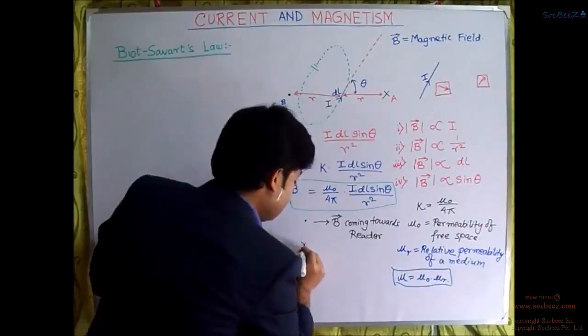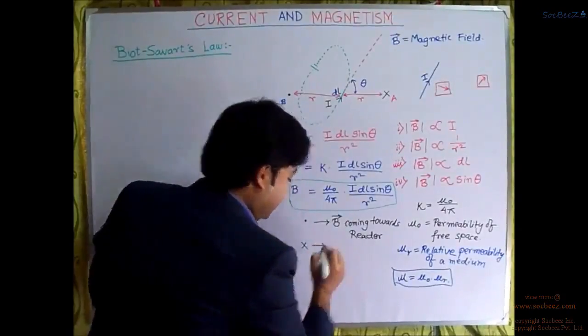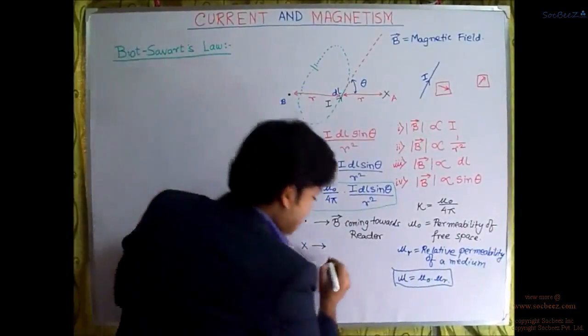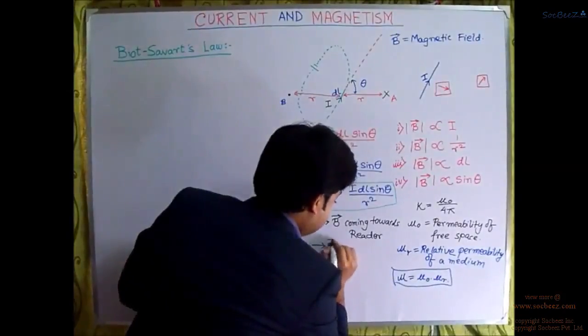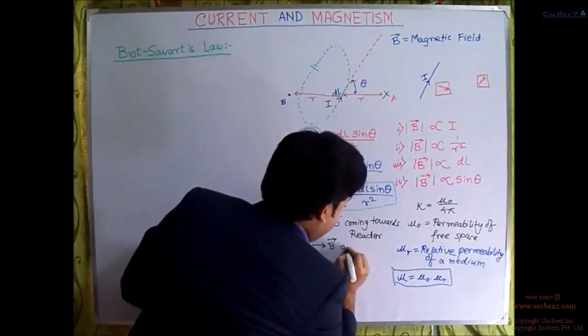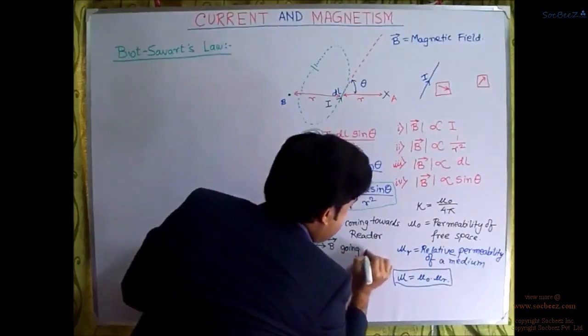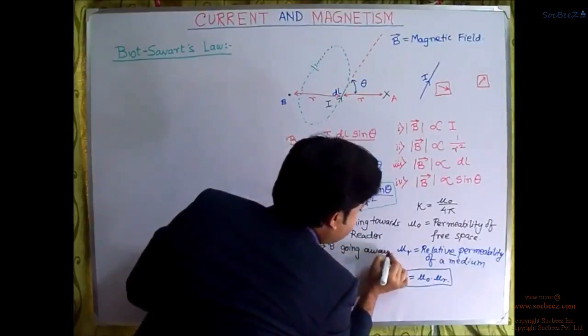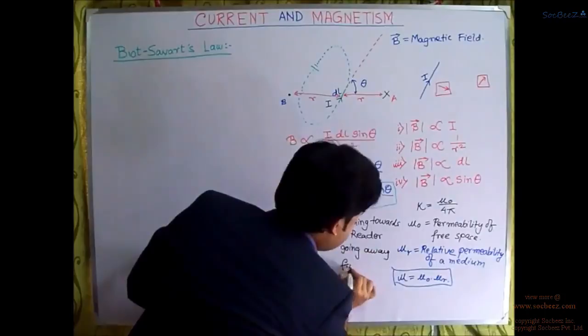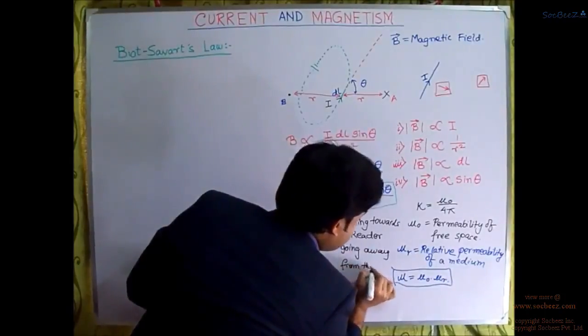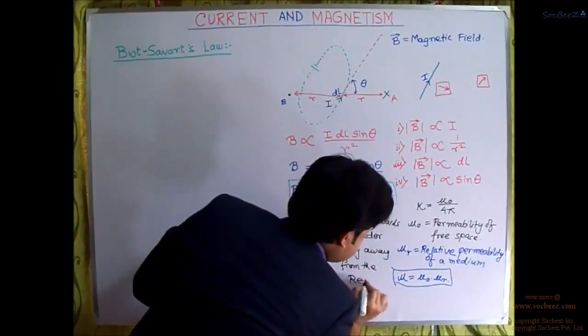And this notation will mean that this magnetic field is going away from the reader, right?